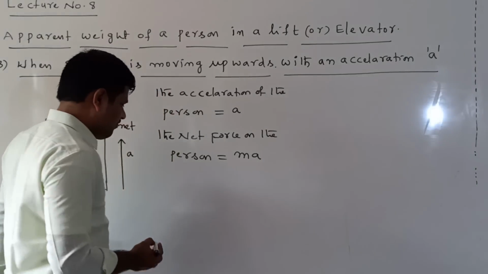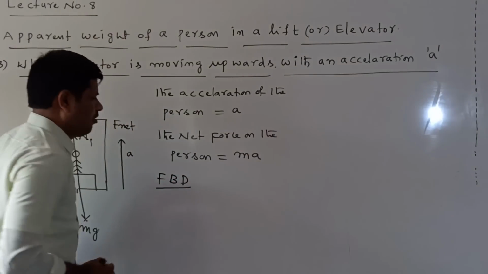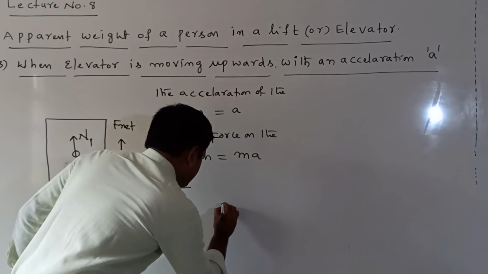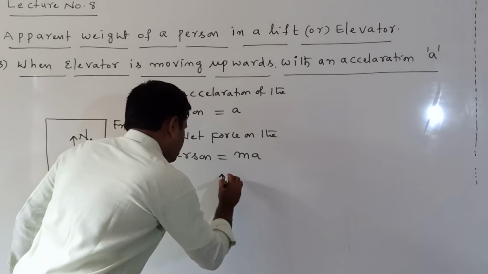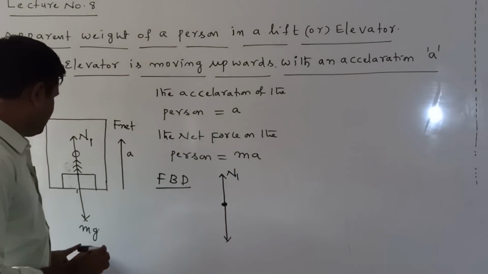Now I am drawing the free body diagram of the person. This is the person. This is the normal reaction n1. This is the weight mg.